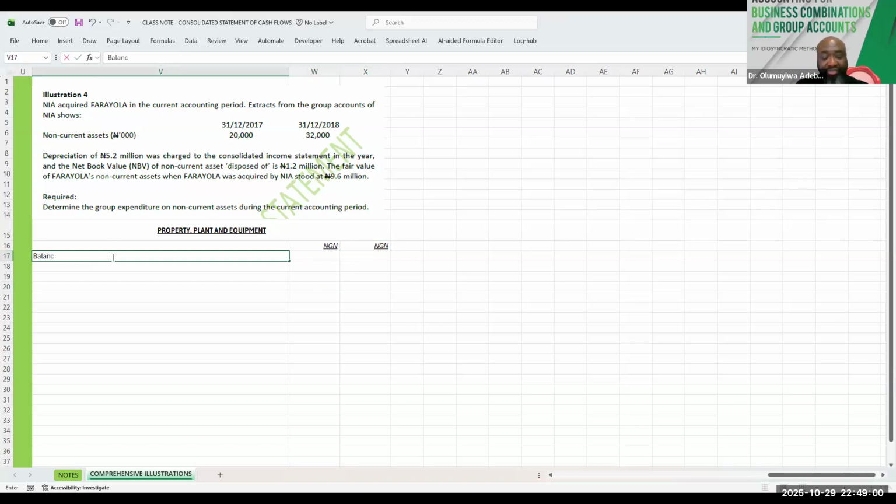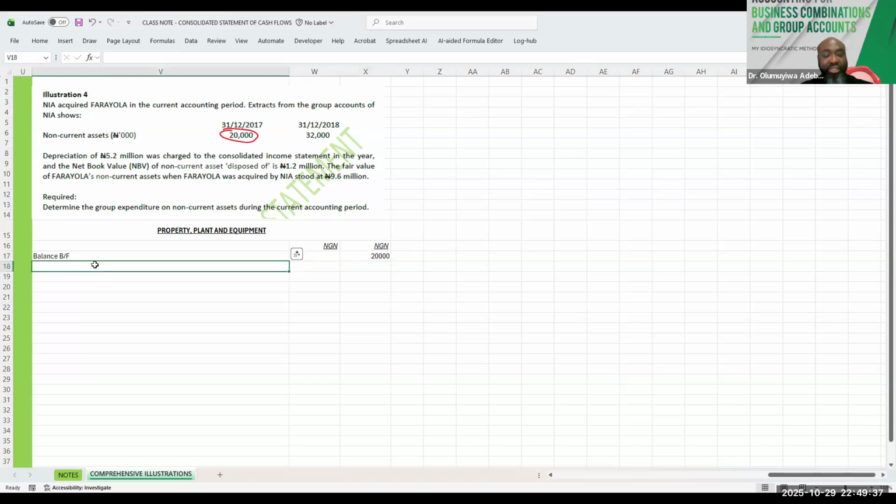I need my balance brought forward. And what is the balance brought forward? It is 20 since 2017 to 2018. Now, we are told that during the year, Farayola was acquired.